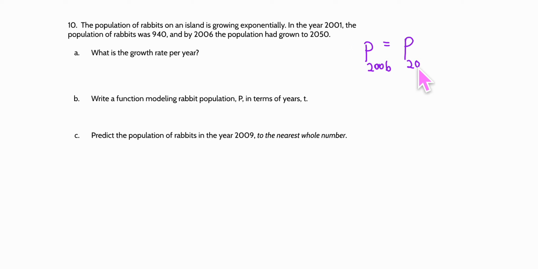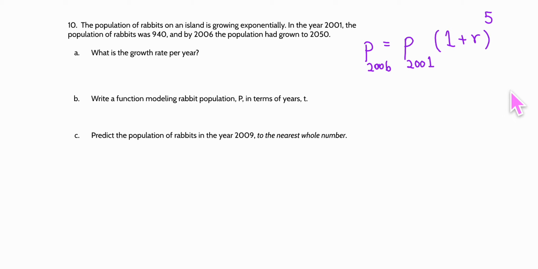In 2001, we had our initial population, and we need to multiply that by 1 plus the growth rate, which we're not sure what it is, to the power of the time that has basically passed. In this scenario, we're just measuring 2006 and 2001, that's 5 years together.